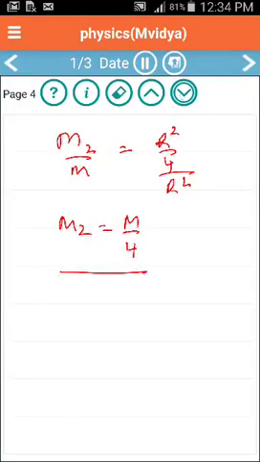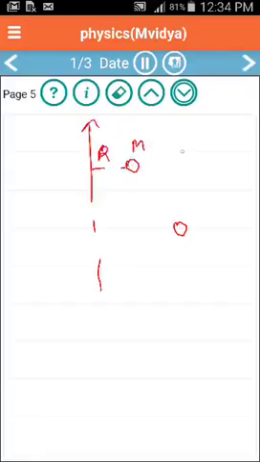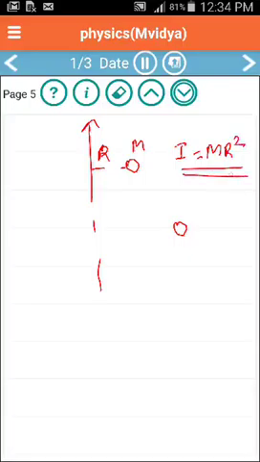Moment of inertia definition: if I have a mass m rotating at a distance of r from the axis, moment of inertia is mr squared. It is analogous to mass. In rotation we consider moment of inertia, which is analogous to mass in linear motion. But if there is more than one body, let us consider two.